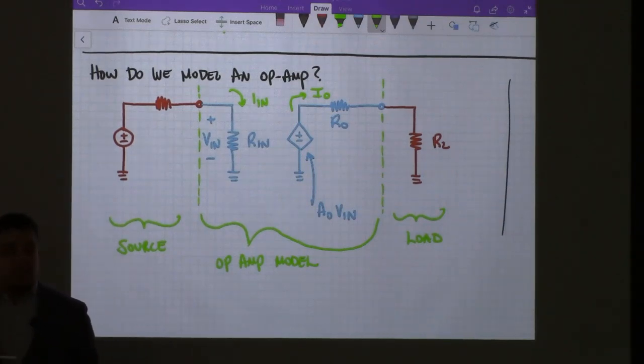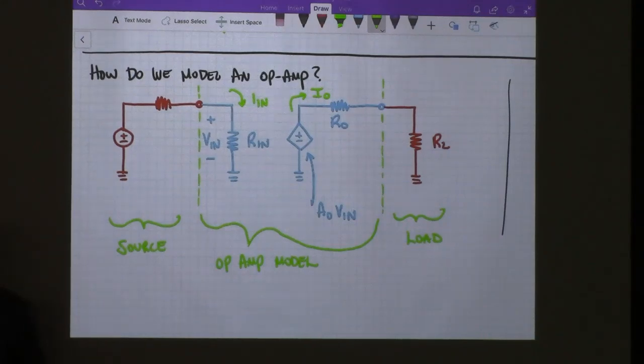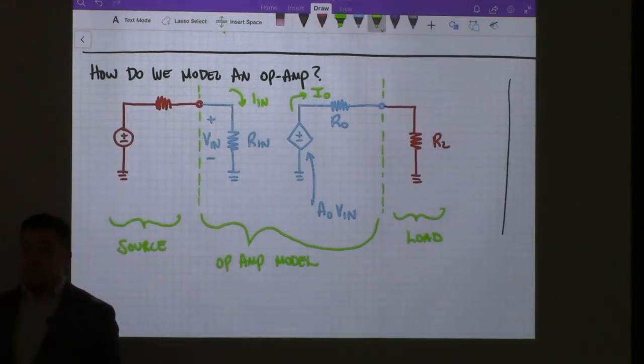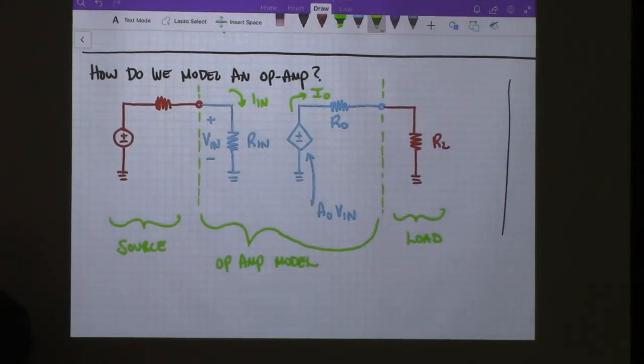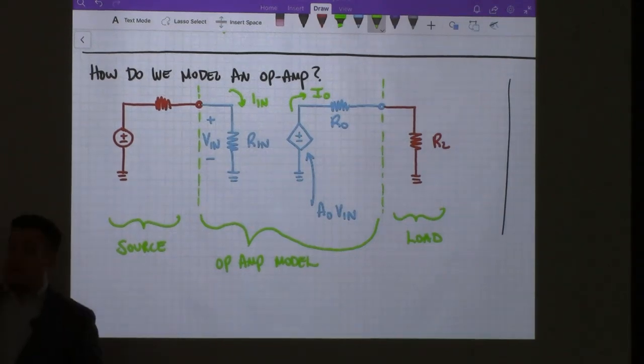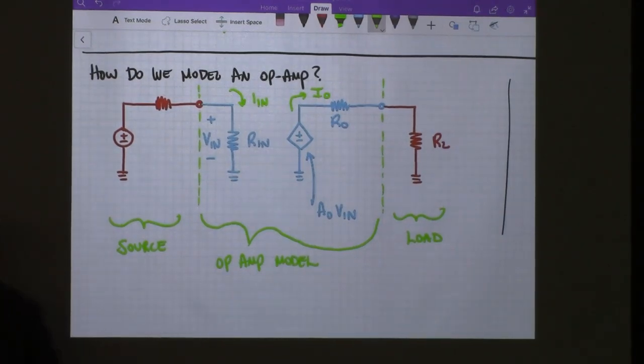You can have amplifiers that generate a voltage and read a voltage. That's a basic voltage amplifier. You can have an amplifier that measures a current and generates a current. You can have permutations of V and I, and those are called transresistance and transconductance amplifiers. But we're not going to go too much into that right now. Anyway, this is a voltage amplifier.